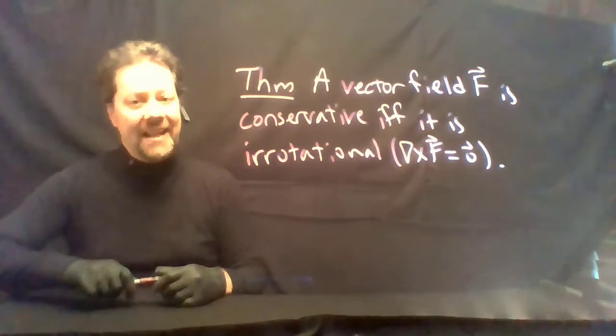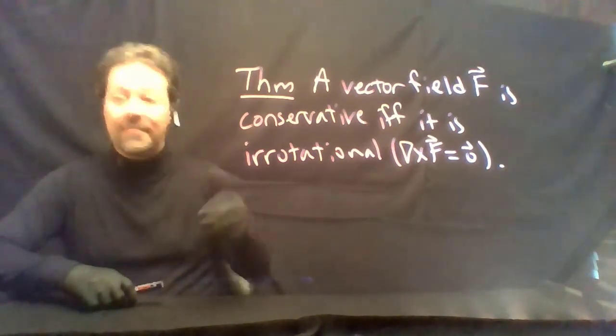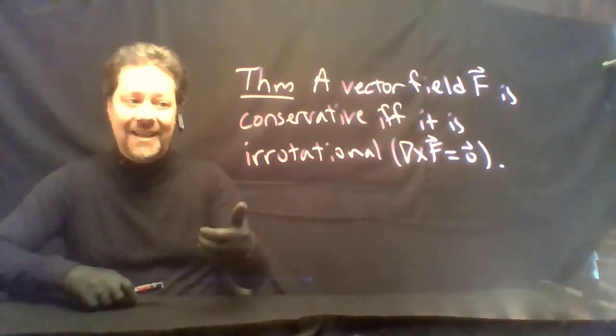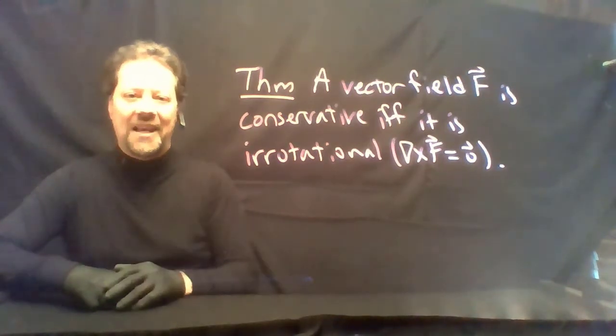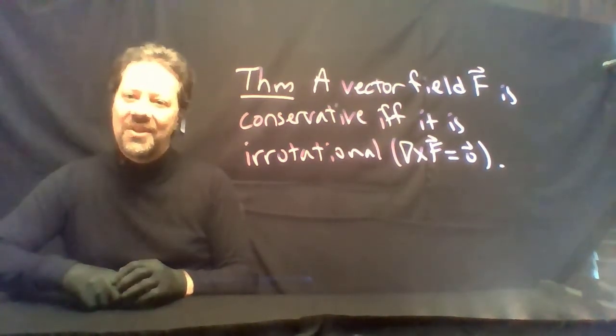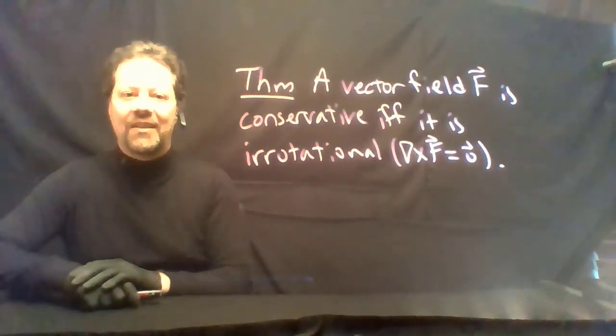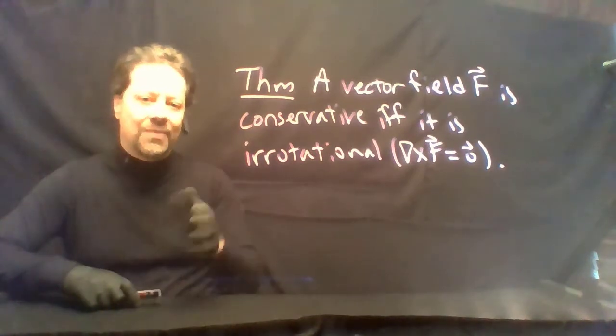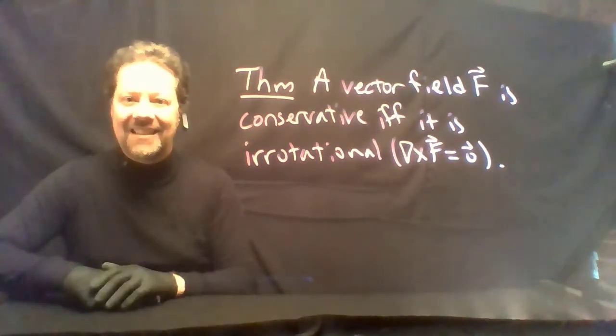The magnetic field, on the other hand, has a lot of rotation to it. It will have non-zero curl and will not be conservative. You can always tell just by looking at the vector field whether or not it's conservative, because if it has rotation in it, it's not conservative.